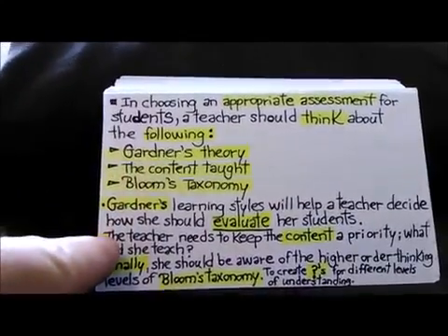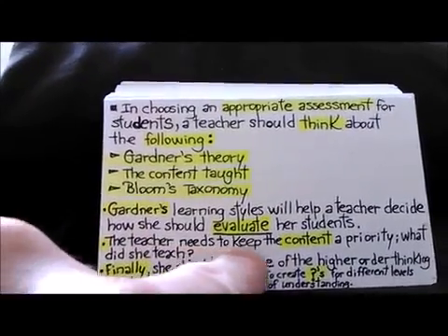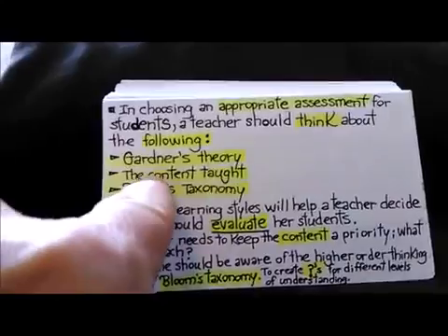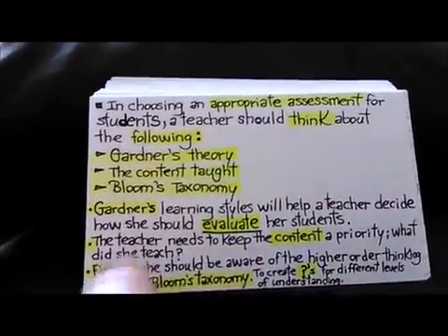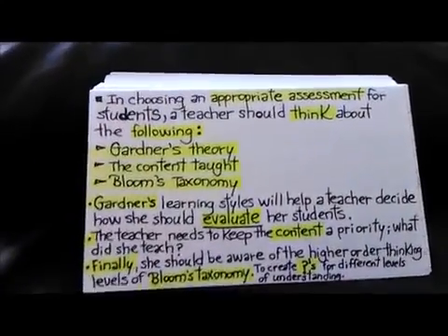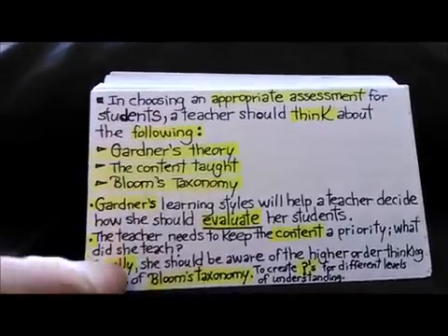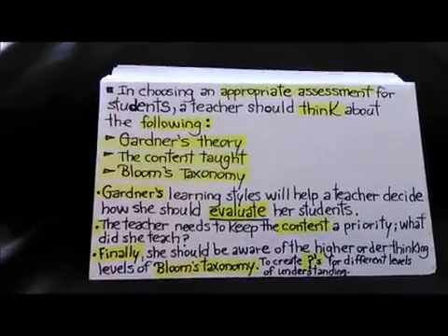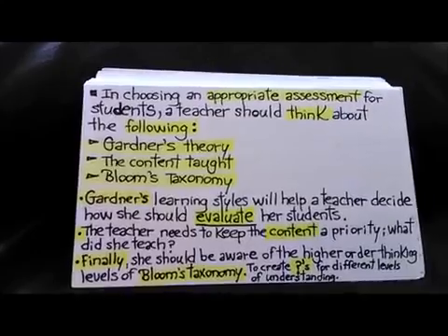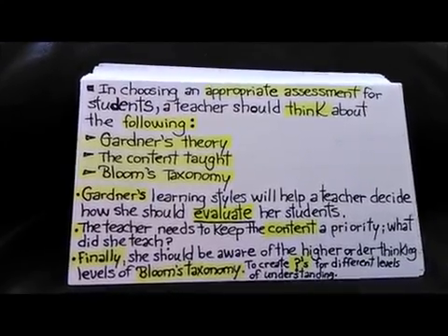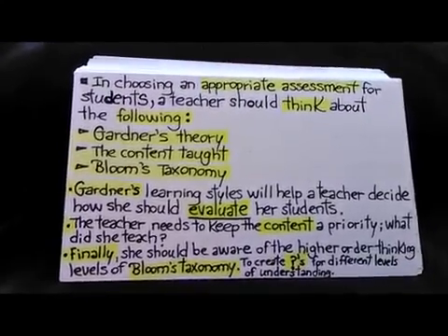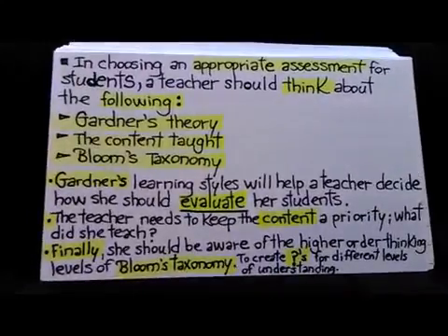The teacher needs to keep the content a priority. Okay? What did she teach? And then finally, she should be aware of the higher order thinking levels of Bloom's taxonomy to create questions for different levels of understanding.